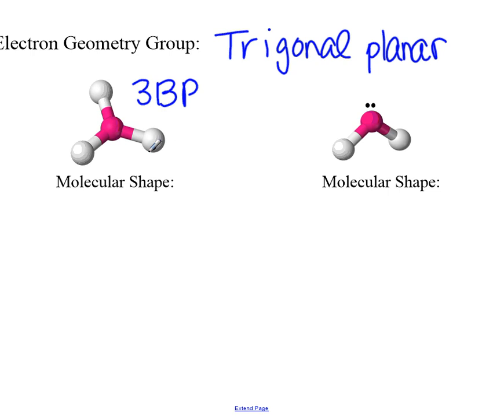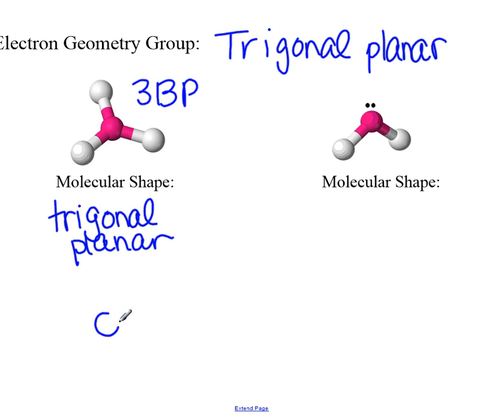When we have 3 bonded pairs, the actual molecular shape name is going to be trigonal planar. When we draw out trigonal planar, we want to draw out those 3 bonds and space them out approximately evenly when we draw them like that. And our bond angle here is going to be 120 degrees between them.